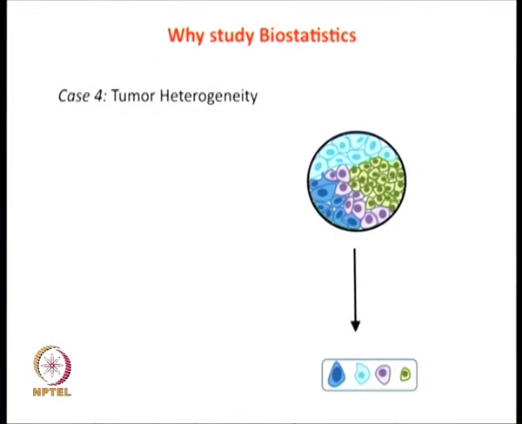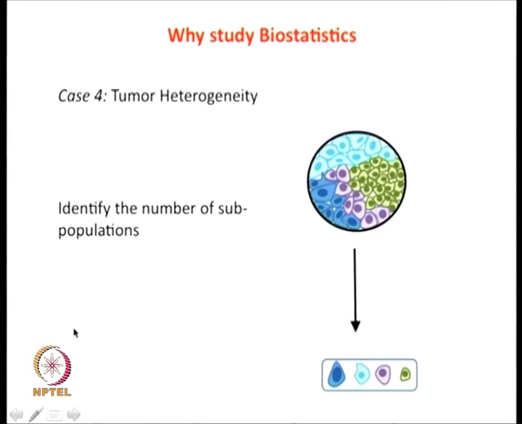You want to understand what should be the combination of these metrics that would enable you to separate them into different lots. So again here the role of statistics will help you in identifying the number of subpopulations and their properties.